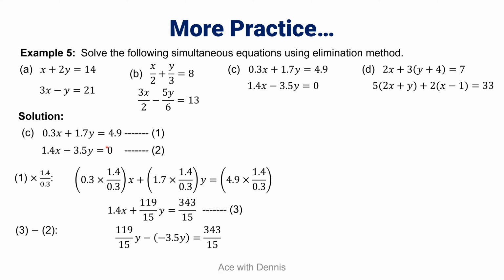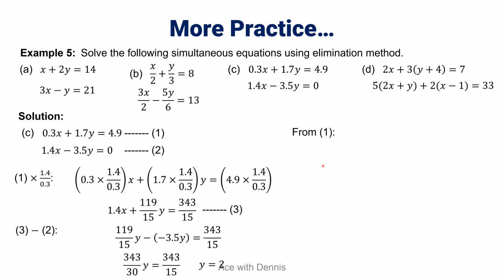We don't have to subtract anything on the right. Again, minus and minus will give you positive. Be careful with the sign here. You have 343 over 30 y equals 343 over 15. Hence, y will be 2.